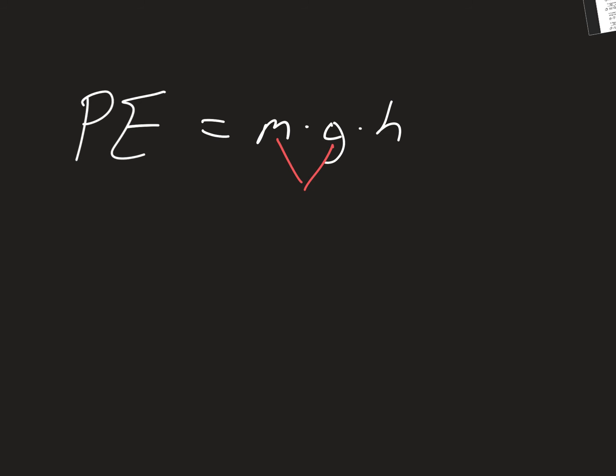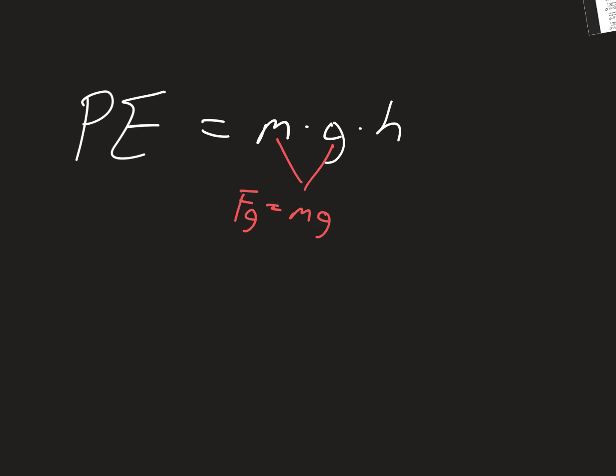Let me show you. Potential energy is equal to mass times acceleration due to gravity, which we call little g, times height. But if you remember from our past unit, those two together are actually the force of gravity, because any mass times little g is equal to the force of gravity.